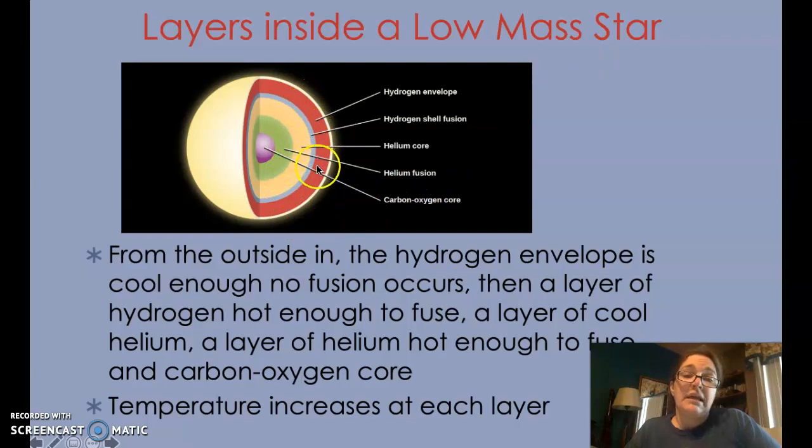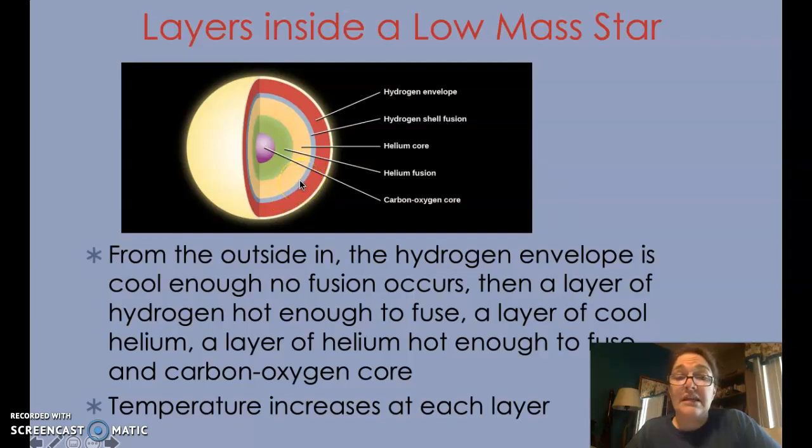So as this occurs, we have hydrogen in the outer shell. And out here, it's not hot enough to fuse. It's just there. It's shining. And then hydrogen that is fusing.